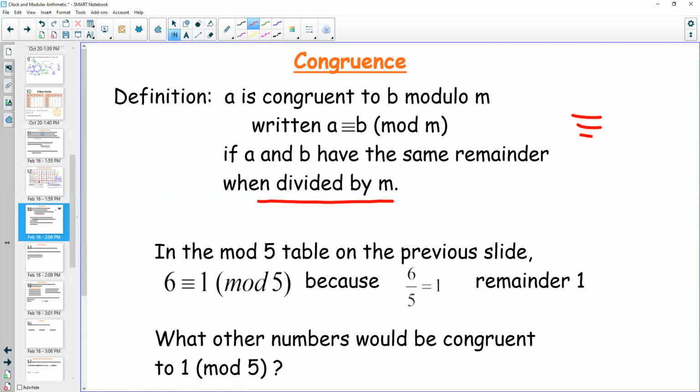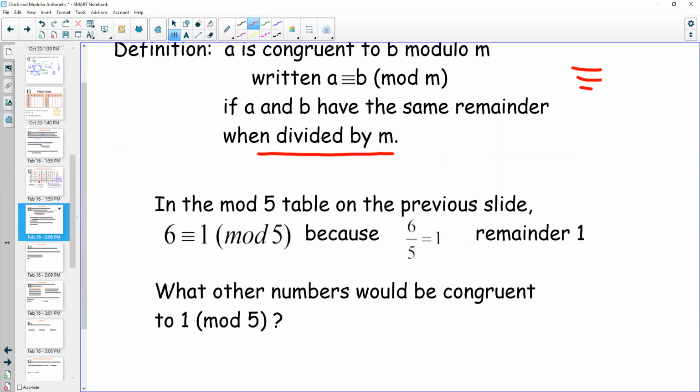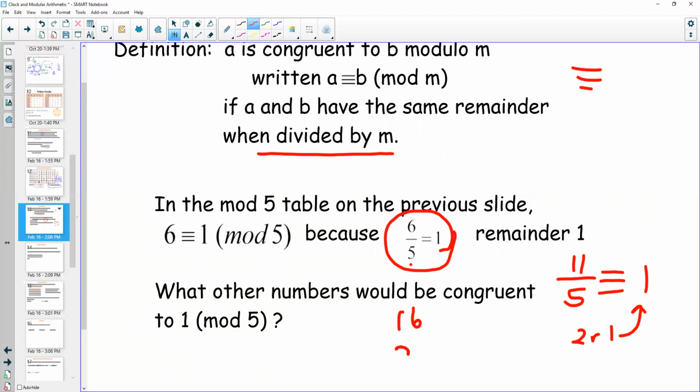So if I think about the mod 5 table, 6 is equivalent to 1 because 6 divided by 5 has a remainder of 1. 11 would also be equivalent to 1 because 11 divided by 5 is 2 remainder 1. So whatever the remainder is would work there. 11 would be congruent. 16, 21. Anything you divide by 5 and you have 1 left over is congruent to 1 in mod 5.